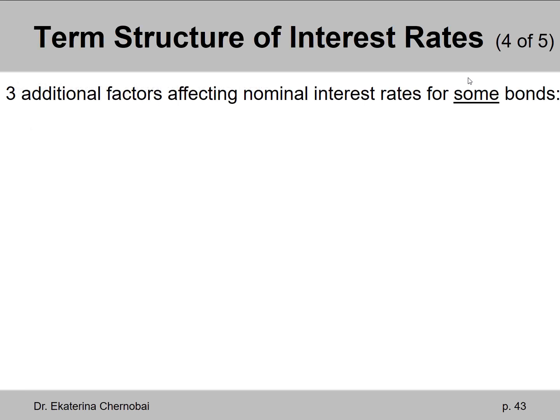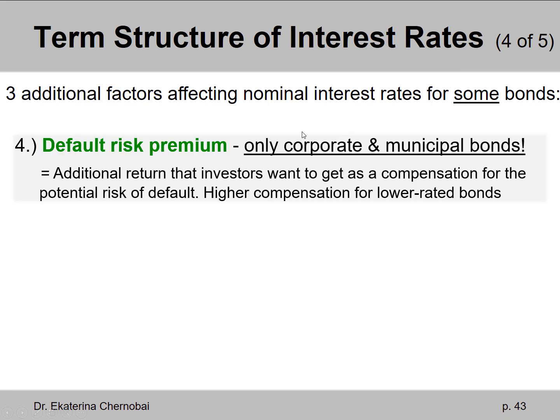Apart from those 3 factors that determine the nominal interest rate for bonds with different times to maturity, we have 3 more additional factors, but they're not true for all bonds. They're true for some bonds, but not all. For example, on one of the earlier slides in which we looked at different types of bonds, we saw that corporate bonds and municipal bonds have a risk of default. So corporations and local governments that issue bonds may go bankrupt, and investors who buy those bonds may not get their promised coupon payments.